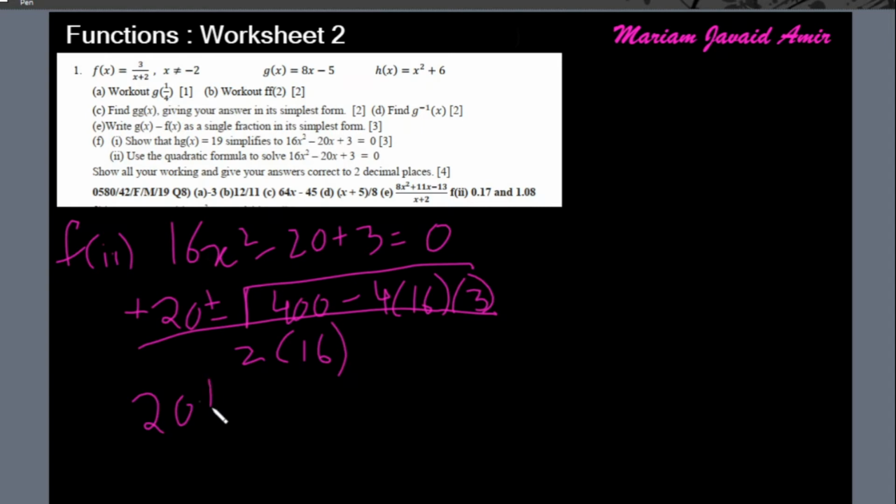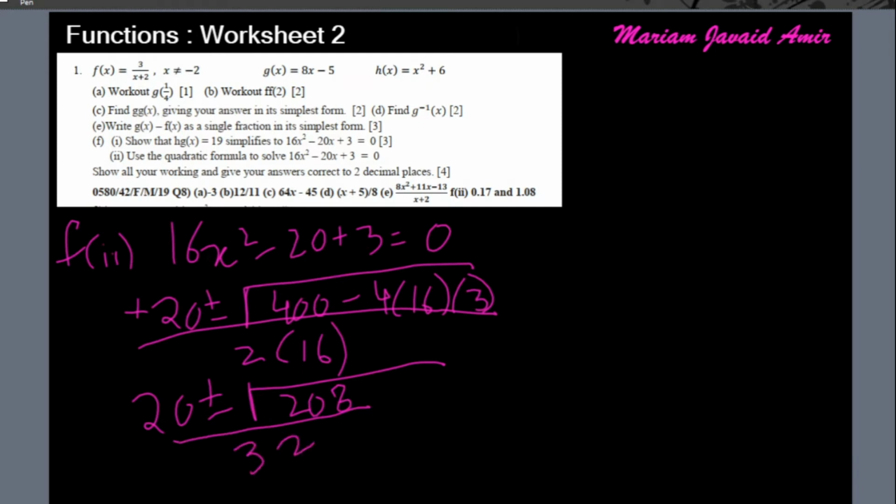So 20 plus or minus the square root of 400 minus 4 times 16 times 3 gives us 208, divided by 32.